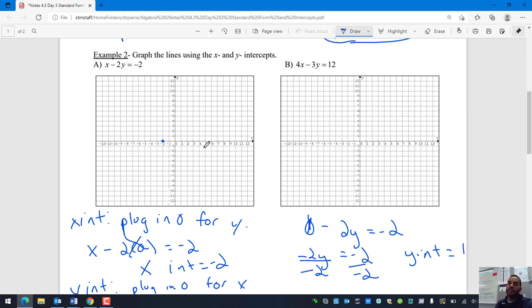This thing is going to cross the y-axis at positive 1. The y-axis is the one that goes up and down. It's going to cross my graph right here. So now that I have 2 points, I have enough information to make this graph. All I've got to do is basically just connect these points, and my line should look something like that.